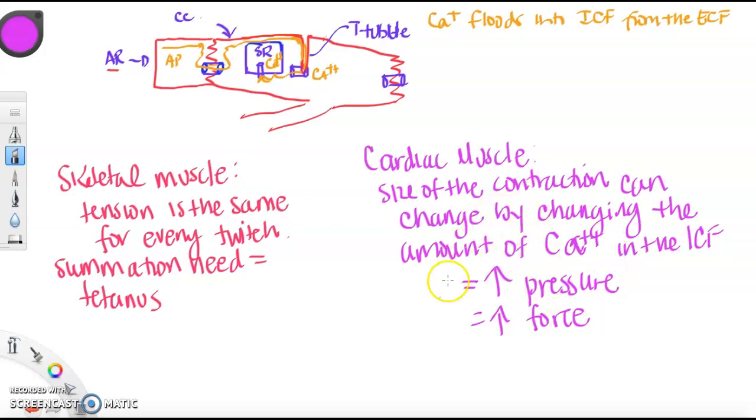So this can occur by the sympathetic nervous system. Because remember, there are sympathetic fibers that go to the contractile muscle cells as well as to the SA node and the AV node, which we learned in the last chapter.